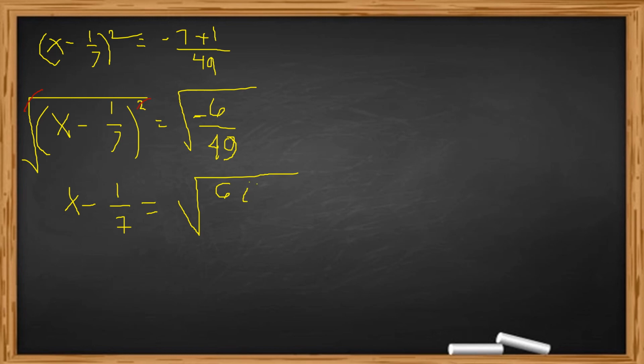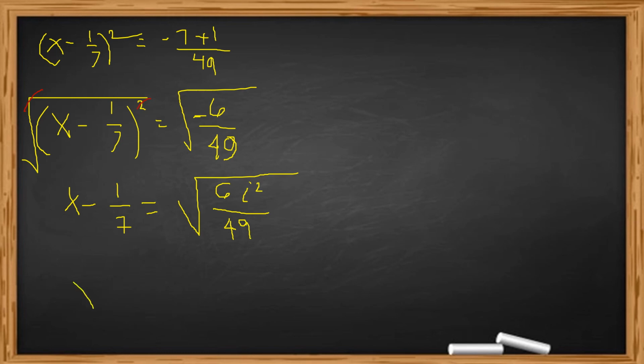6i squared. Remember that i squared is equal to negative 1. No? Na-introduce natin yon doon sa unang video natin, doon sa introduction of quadratic equations or doon sa solving quadratic equations by extracting the square root. Doon, na-introduce natin siya. So, over 49.